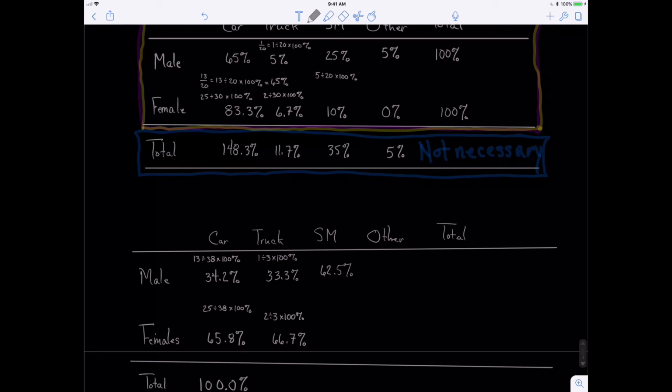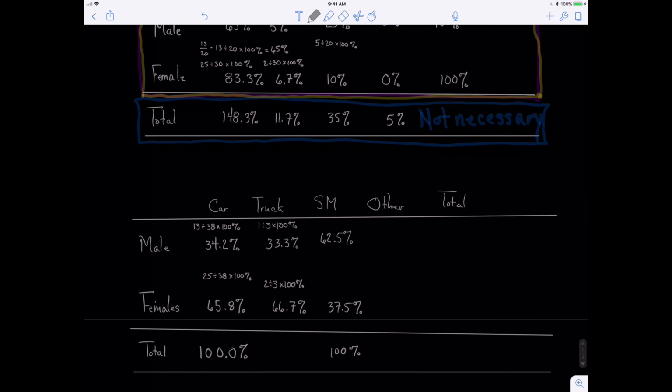And for females, we have 37.5%. And again, that totals to 100%, just like this previous column did. And for other, I have 100%. And I have 0%. And that totals to 100%.